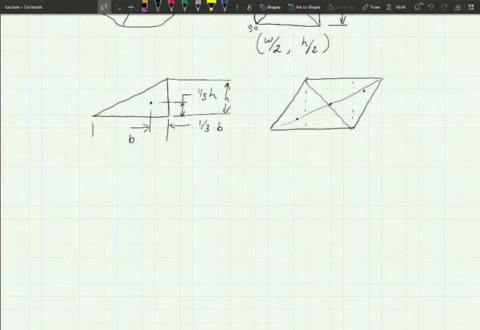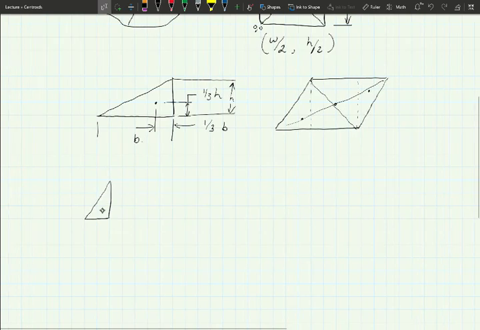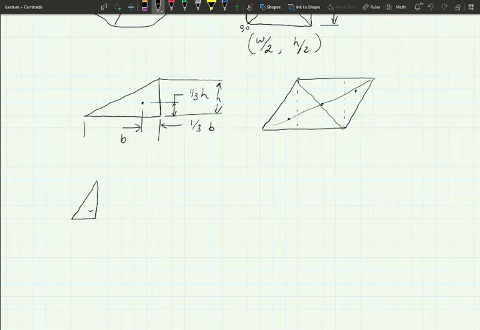Let's do a triangle. All right. And we already know it's one-third and one-third. So let's give this a 5, and this one a 4.